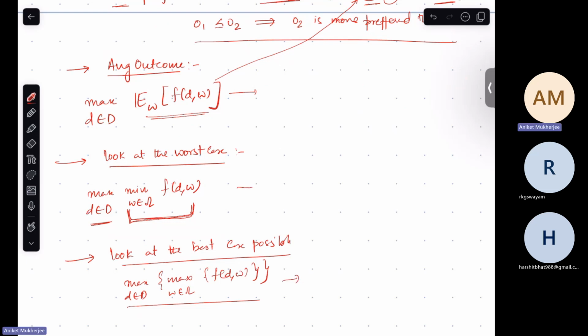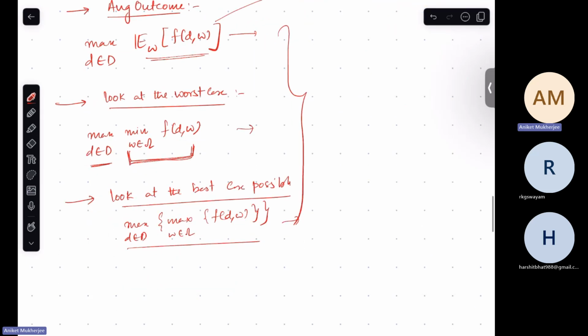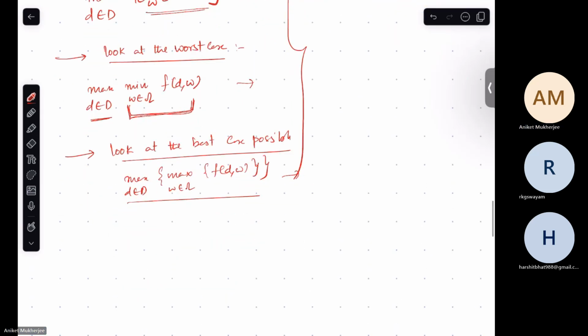So these are some of the examples, but these approaches are not as complete, because again you'll run into the problem that these three do not give you an intuitive answer of what the risk should be. So there are certain better approaches. That is your expected utility theory.